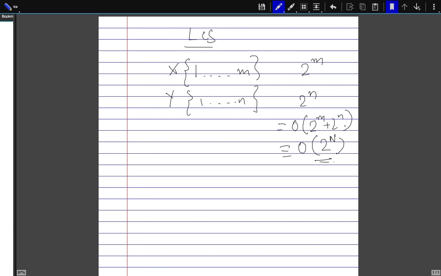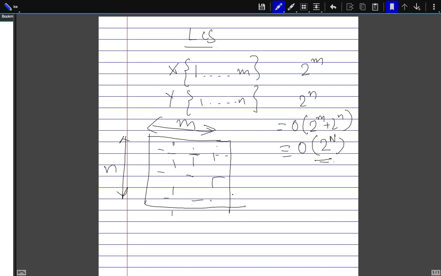So to do this, we need to figure out the cases that would be there. So what's the base case here? If I have a two-dimensional matrix of, say, m and n elements, I have m elements here, n elements there, it could be the other way around, doesn't really matter, but for the purpose of this example I'm going to take it that way. And I have that many rows and columns.